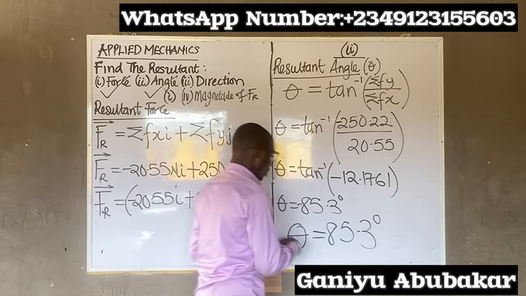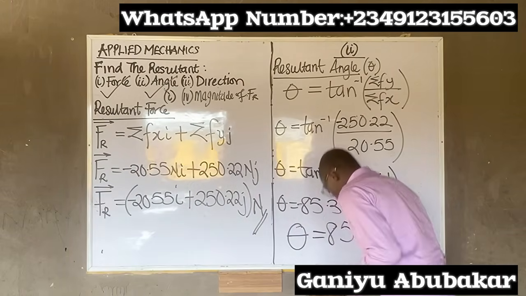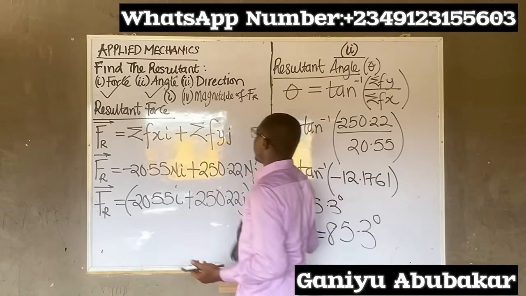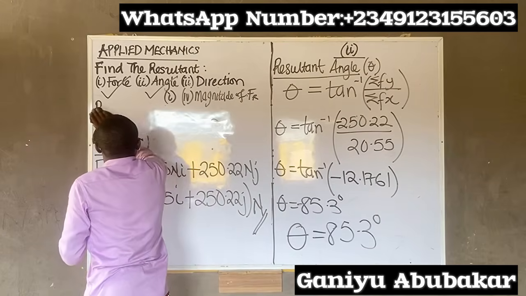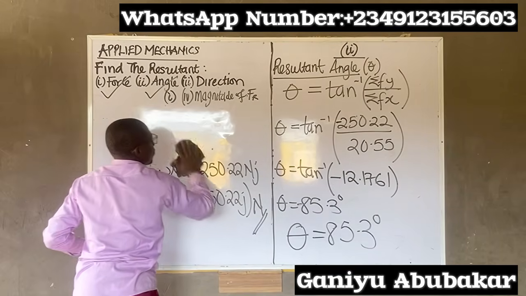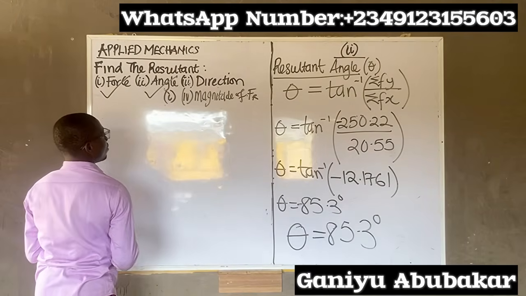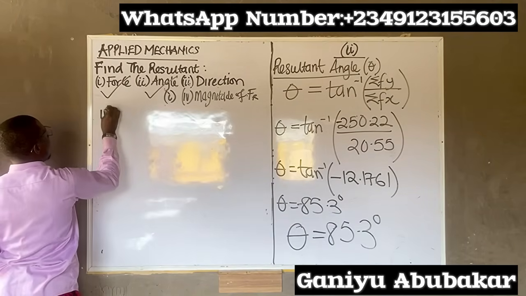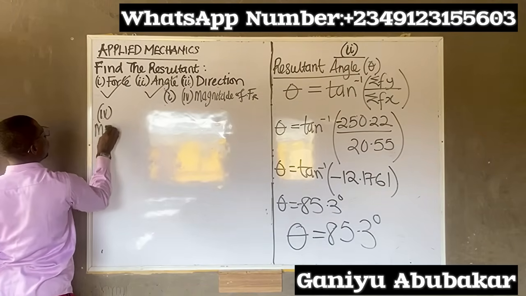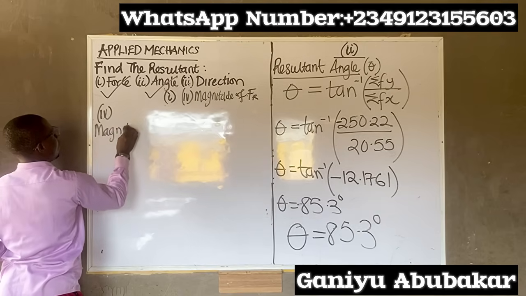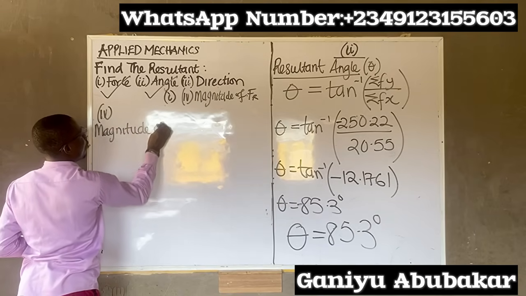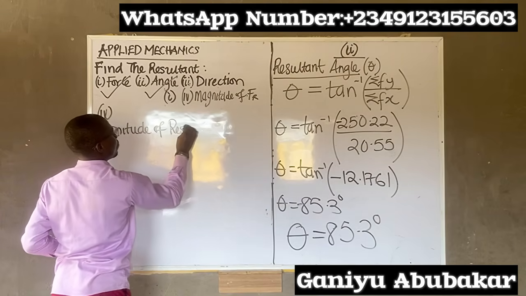All right, let's get IV, which is the magnitude of resultant force.